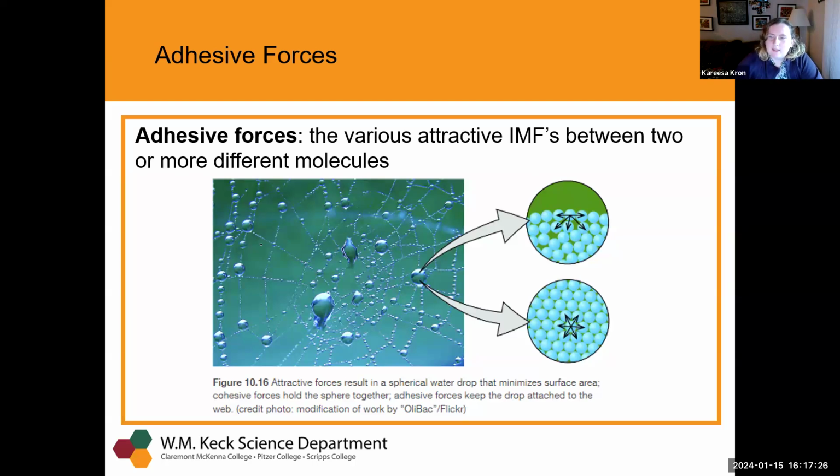And the way that they cling to that web is through adhesive forces. So it's some material interacting with a different material such that they're still attracted, even if it might be in different ways. And because you might have different amounts of adhesive or cohesive forces, it's possible that different liquids will behave differently when they interact with a material.